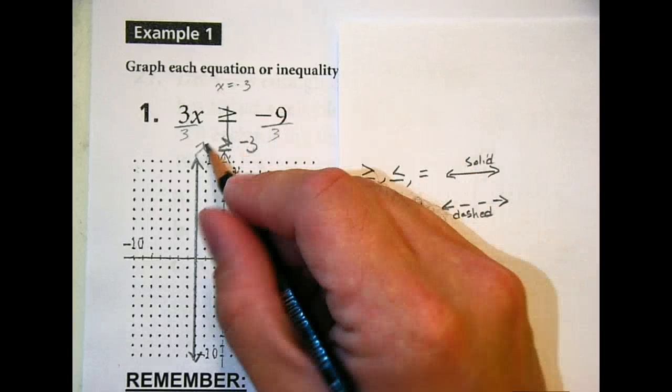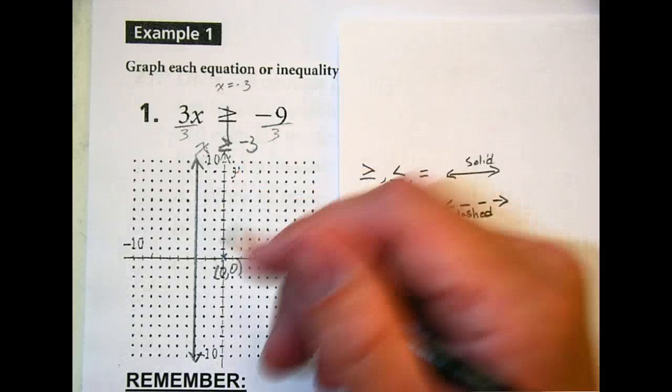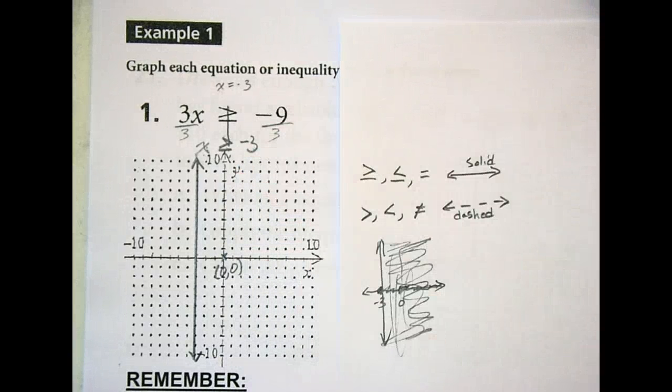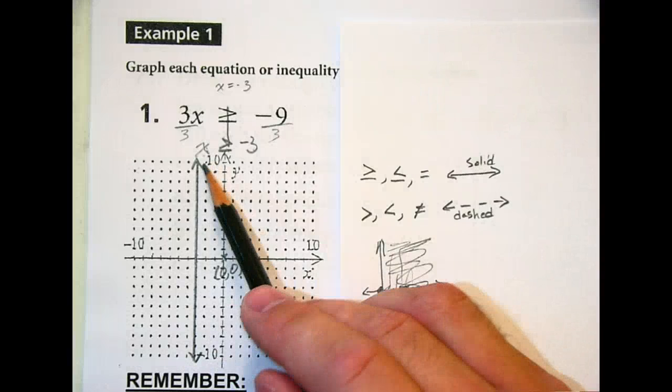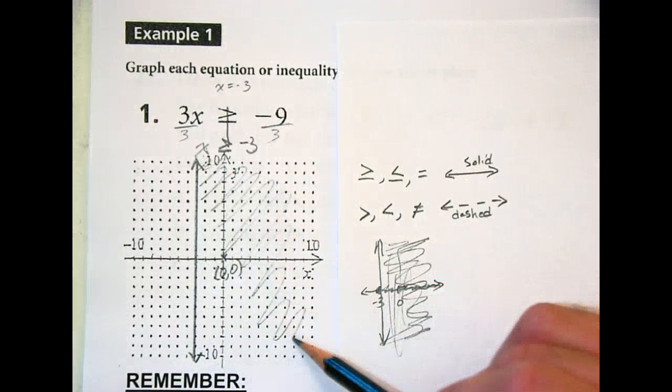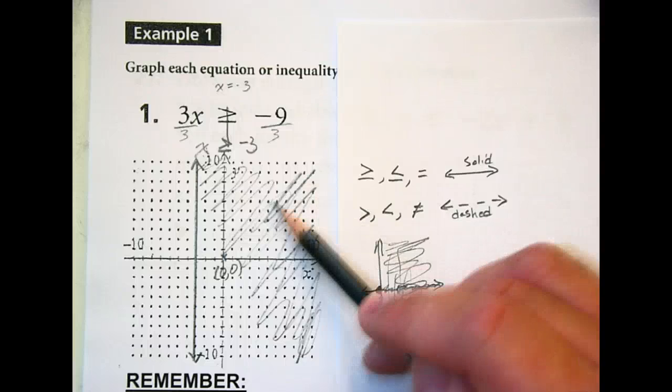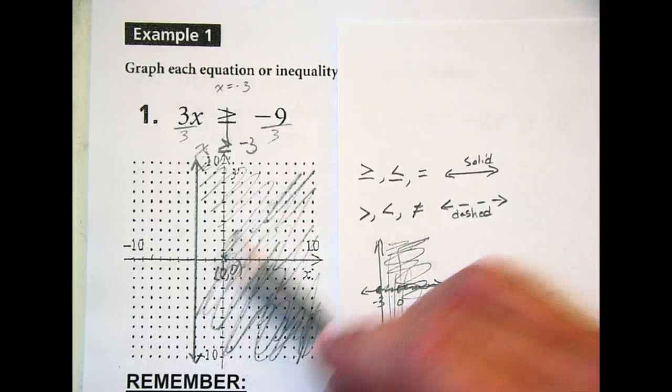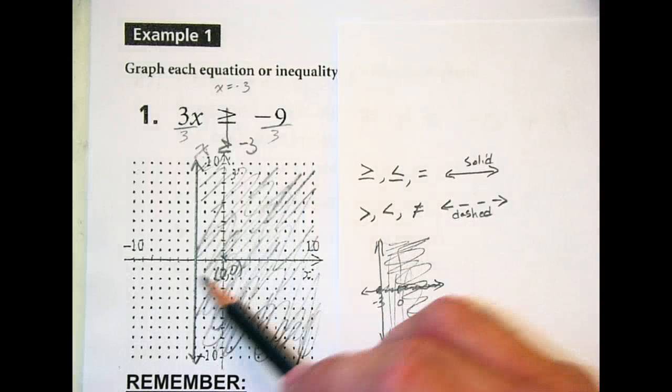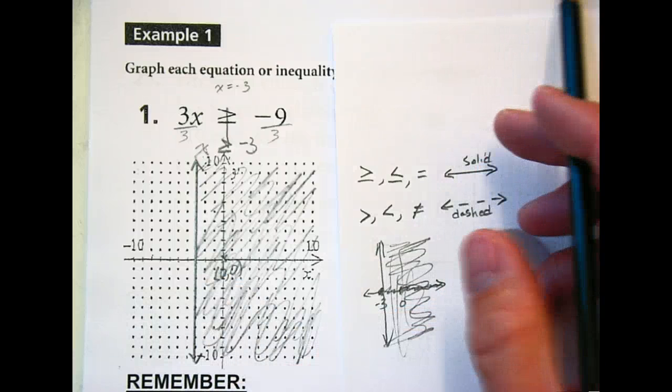Okay, so if I say is 0 greater than or equal to negative 3, the answer is? It is greater than. So yes, it is. Okay, it's greater than negative 3, so we can shade over 0, 0. If I said no, it wasn't, then we'd have to shade away from that.